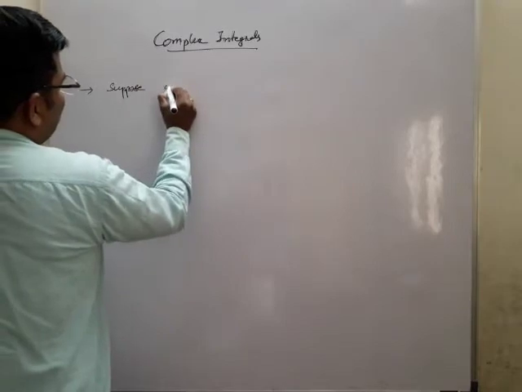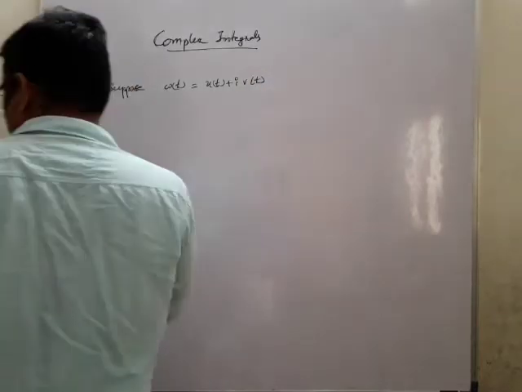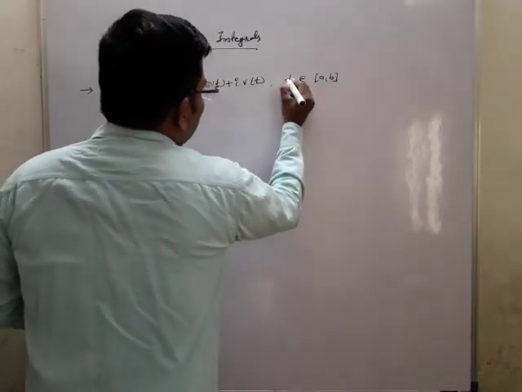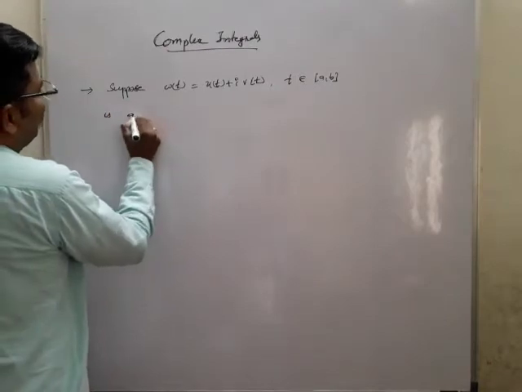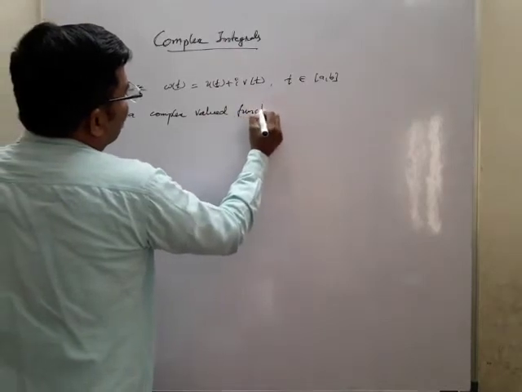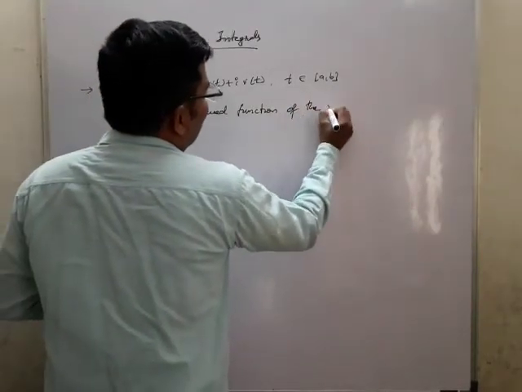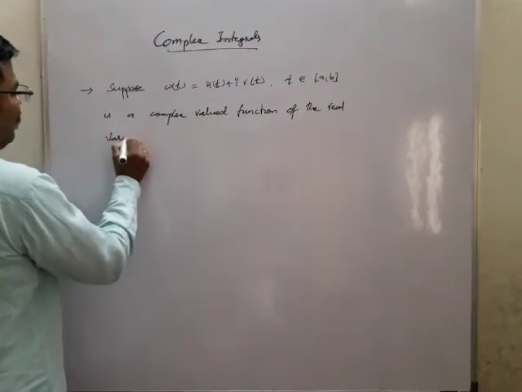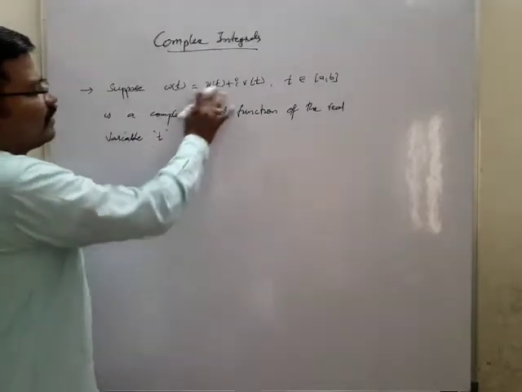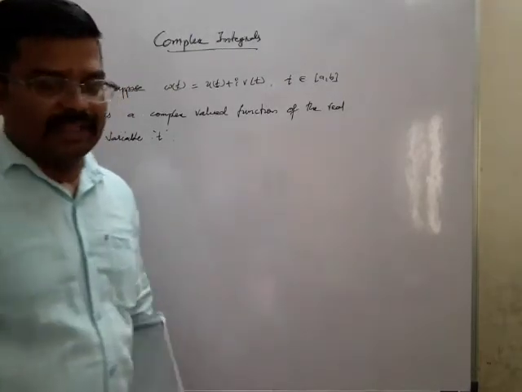Suppose W of t is equal to u of t plus i v of t, where t belongs to [a, b], is a complex valued function of the real variable t.